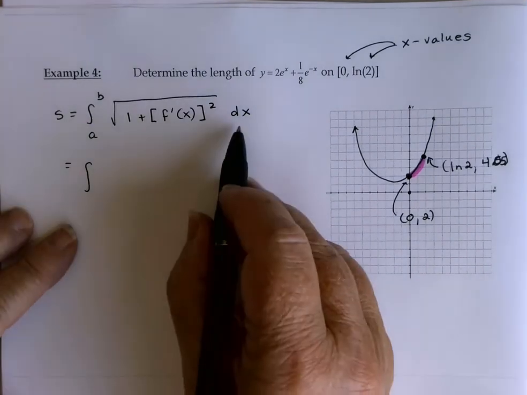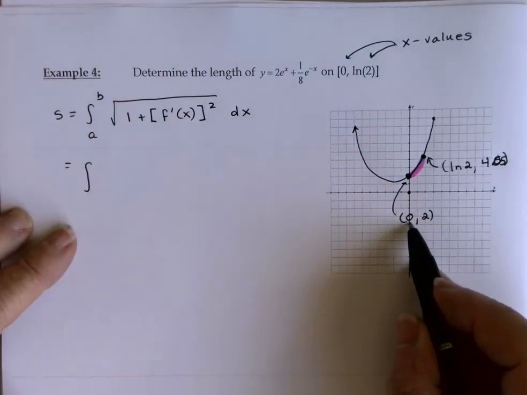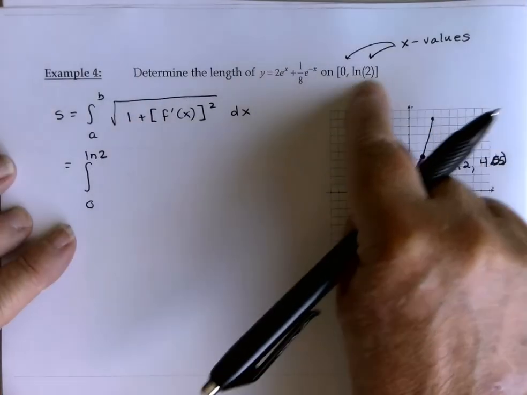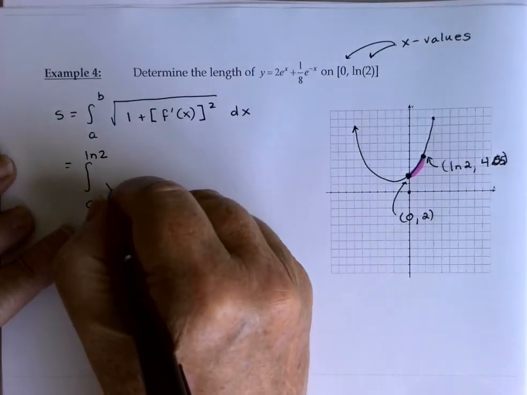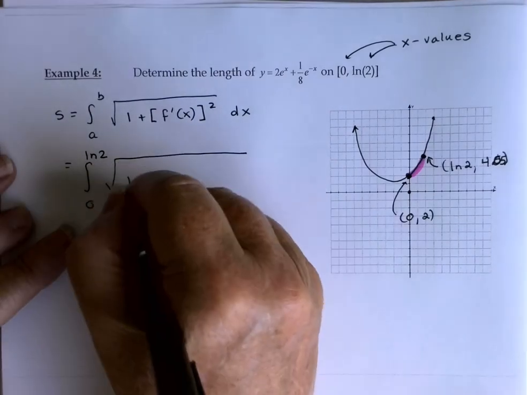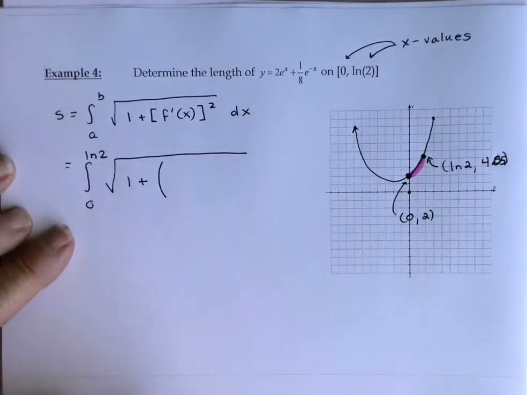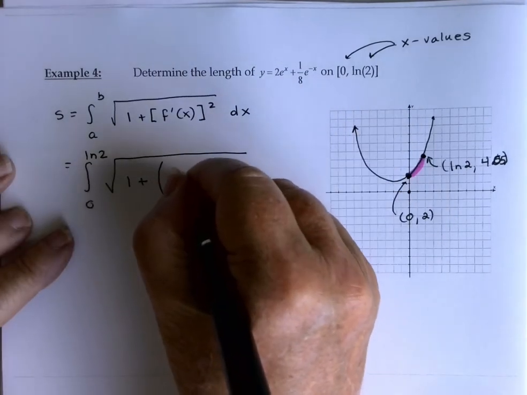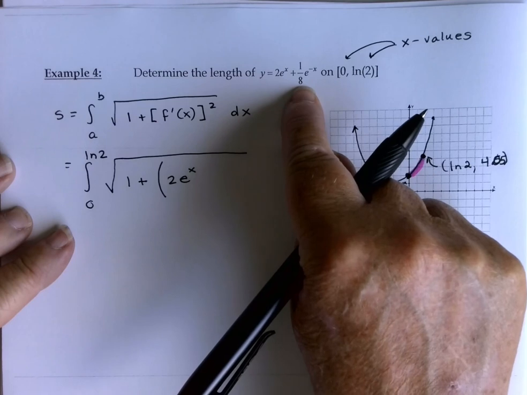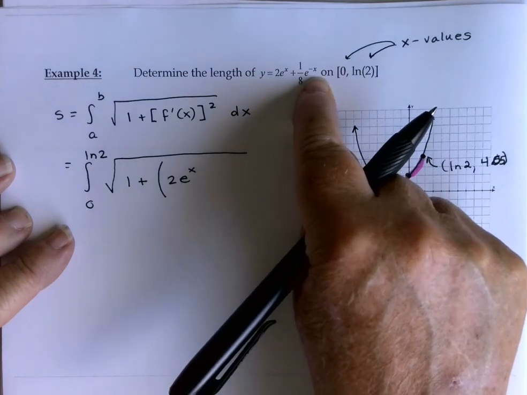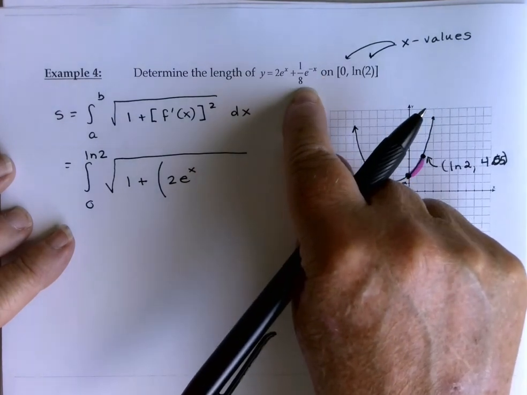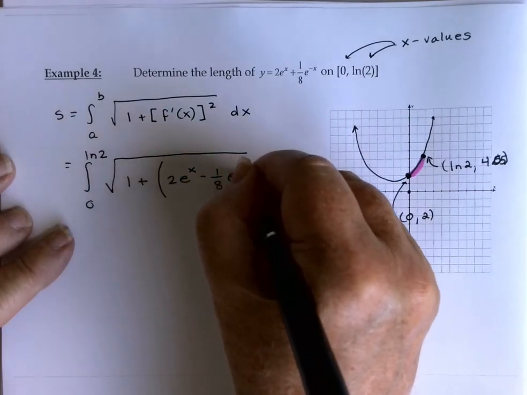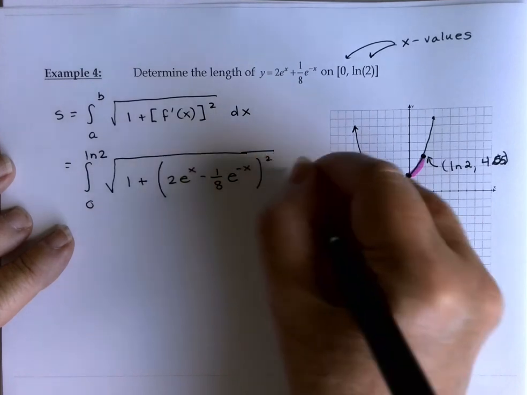And it's an x integral, so the x values would go from 0 to ln2, also just given in the problem, of course. Under our radical, 1 plus, I need the derivative of this function, so that would be still 2e to the x. And when you take the derivative of the e to the minus x, the chain rule will give you a negative, right? So that ends up being a minus 1/8 e to the minus x, and that gets squared.